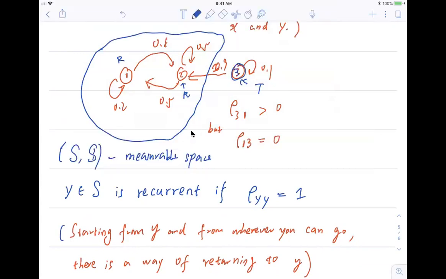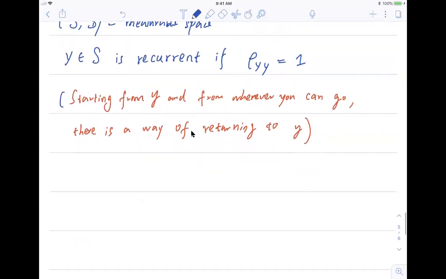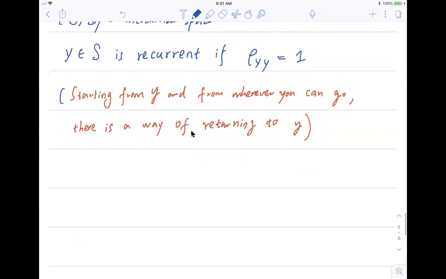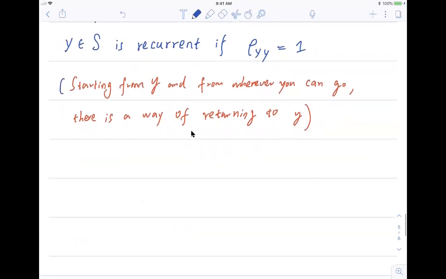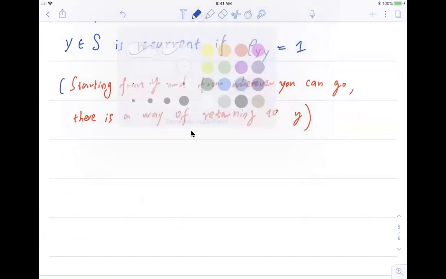It's transient because you have 0.9 probability to go to 2, and you never return. You never go back. So it's an intuitive explanation, but we need to prove theorems.